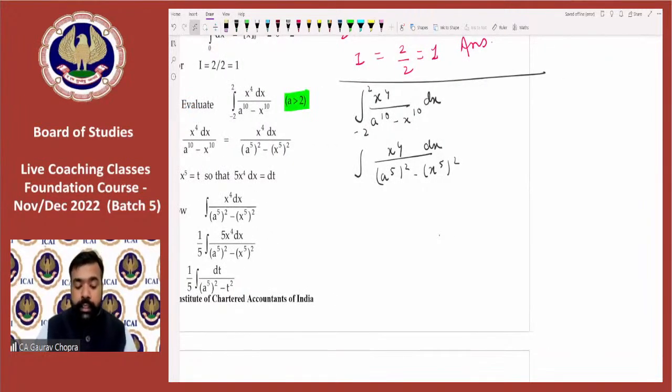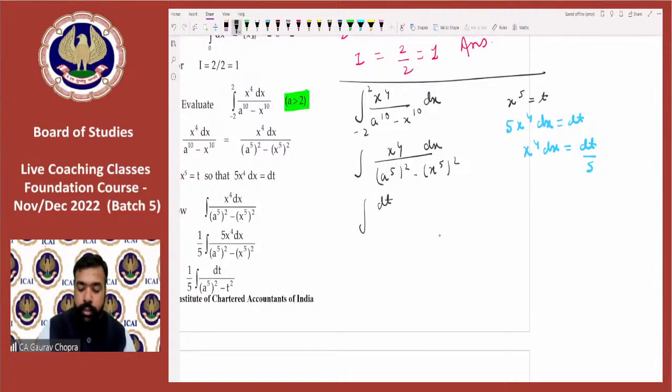So if we take x to the power of 5 as t and differentiate both sides, we get 5 x to the power of 4 dx equal to dt. So x to the power of 4 dx can be written as dt by 5.